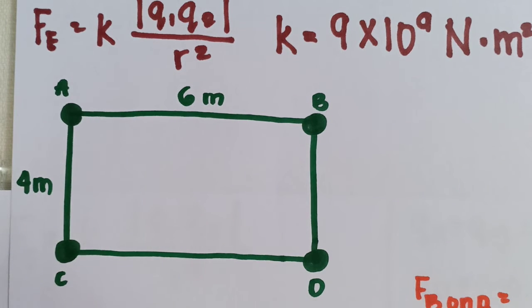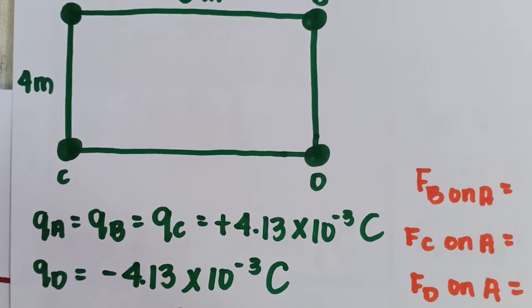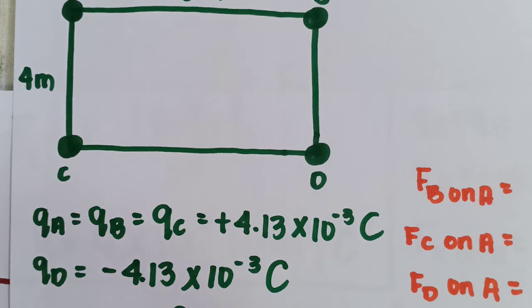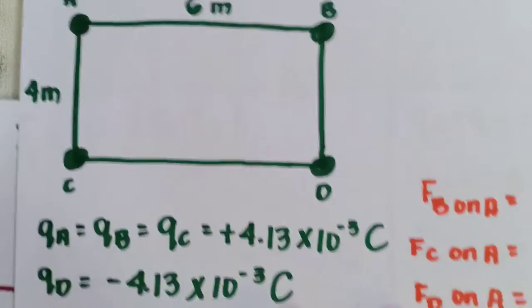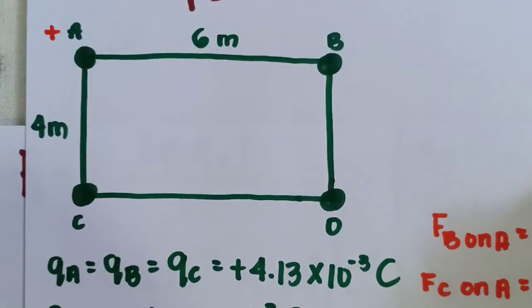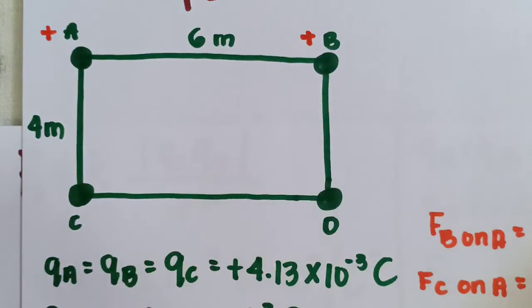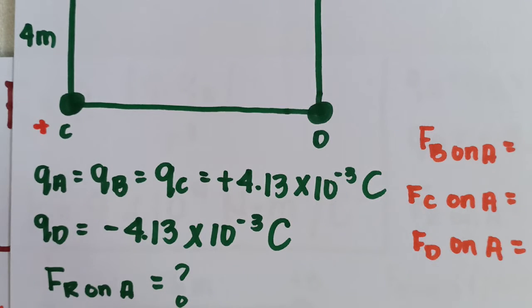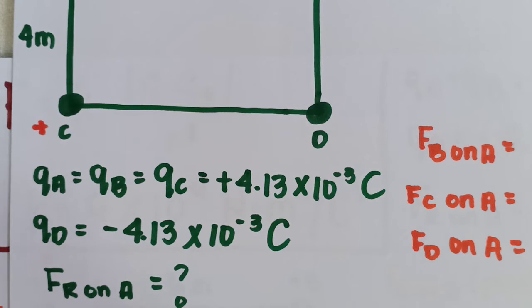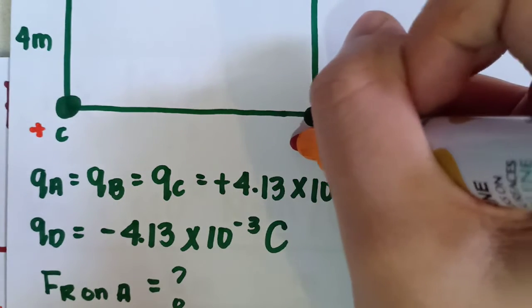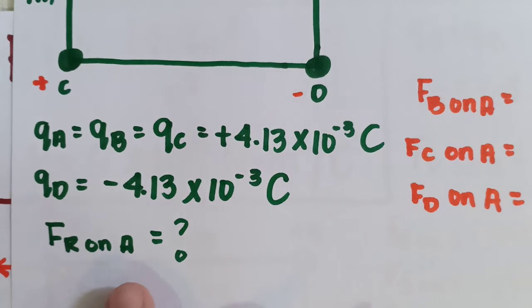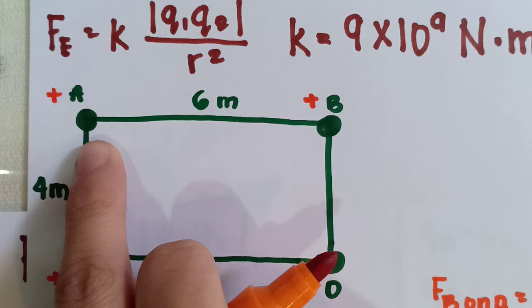The charges are QA = QB = QC = positive 4.13 times 10 to the power of negative 3 C. So A is positive, B is positive, C is positive. We also have QD equal to negative 4.13 times 10 to the power of negative 3 C. So D is negative. Now, what it's asking for is the resultant force on A. So we will focus on A.